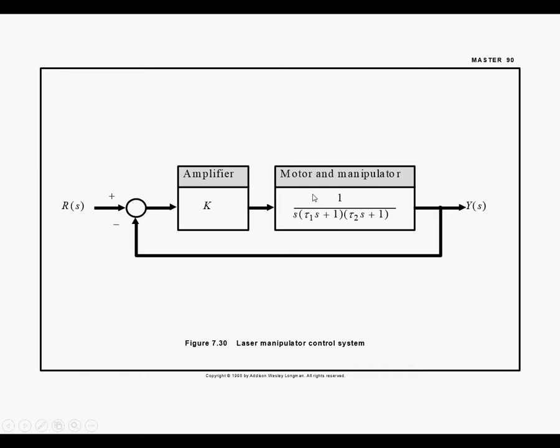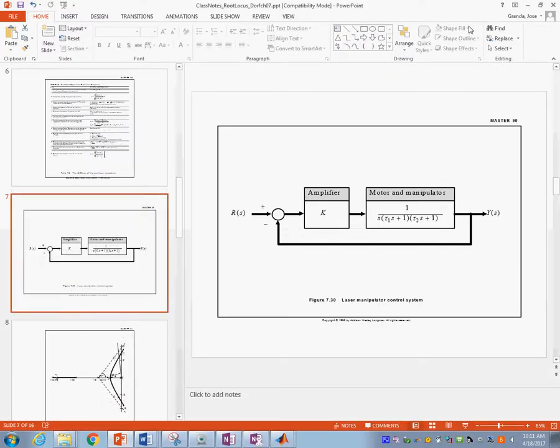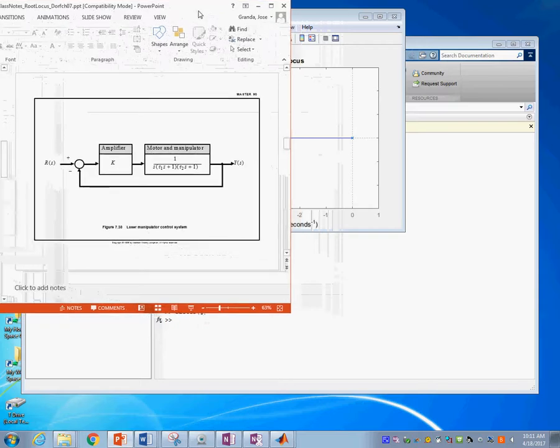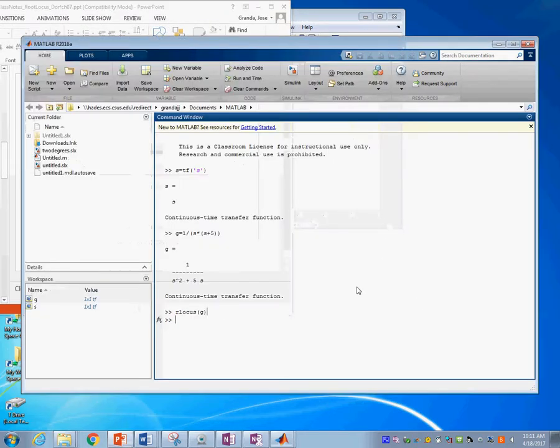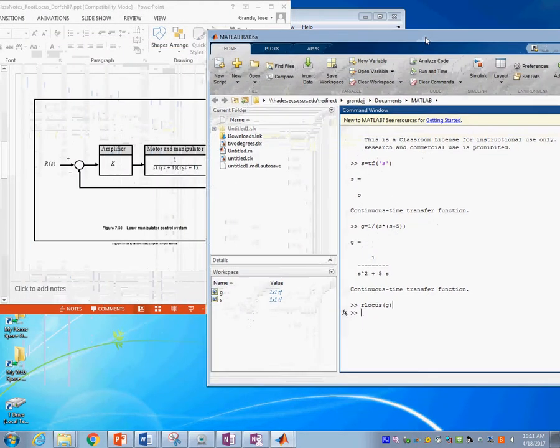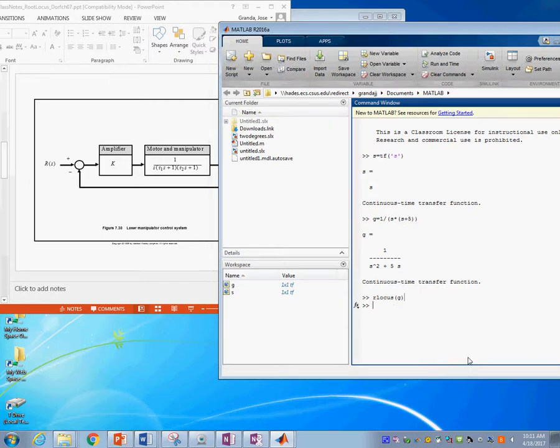Remember this kind of transfer function in here. I'm going to go to MATLAB and then build this. Okay, so let's say that we have a, I'm going to call it G2, the different transfer function.